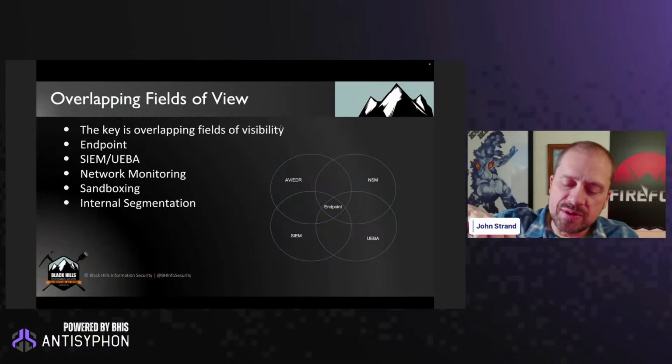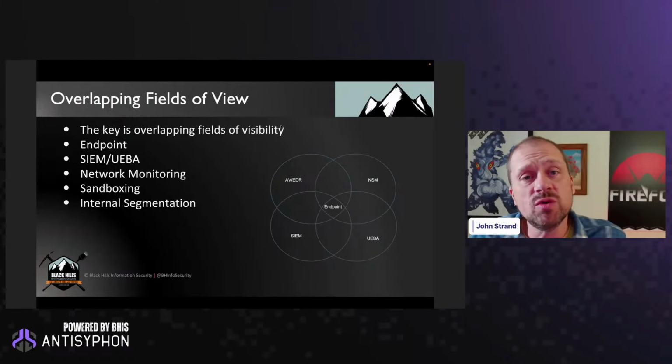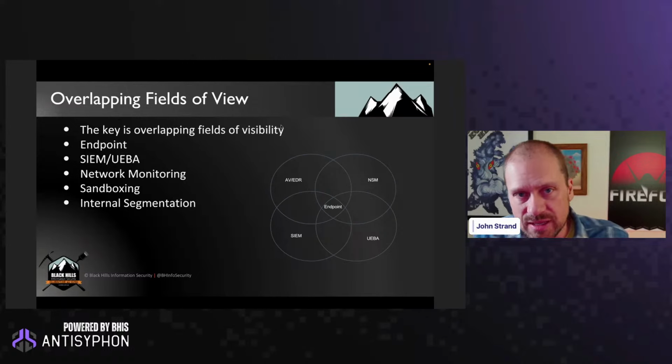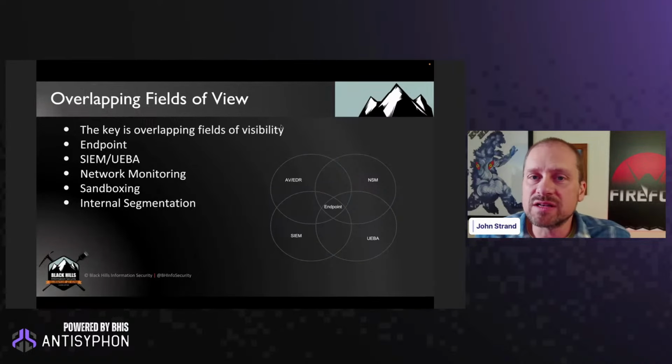Now, let's say that one of your administrators removes AV or EDR. Excellent. You still have NSM, you still have the SIEM, you still have UEBA. You develop a very good, what we call defense in depth architecture. When we talk about defense in depth, many organizations just looked at it as the amount of money they spend.